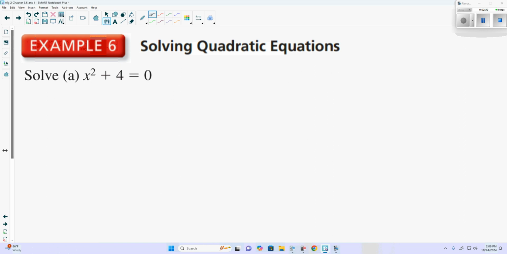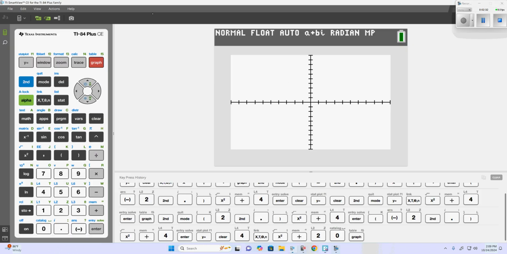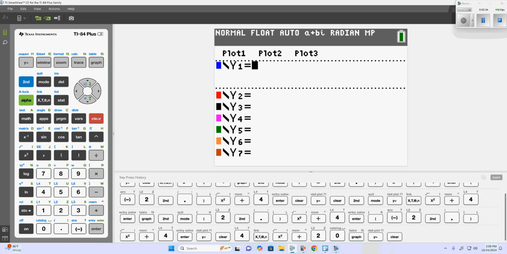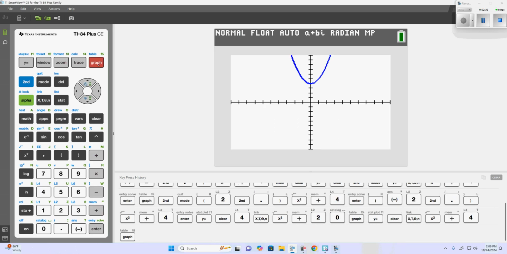And if we look at this first one here, x squared plus 4, I'm going to grab the graphing calculator and say x squared plus 4. Because when we graph, we're looking for where the graph crosses the x-axis. Does it cross the x-axis? No.